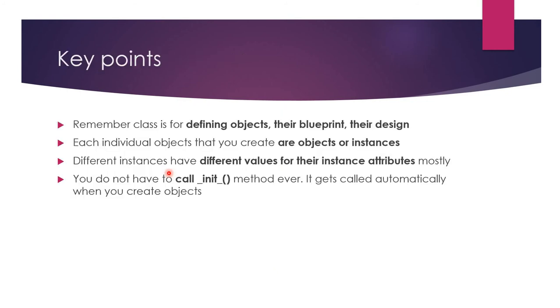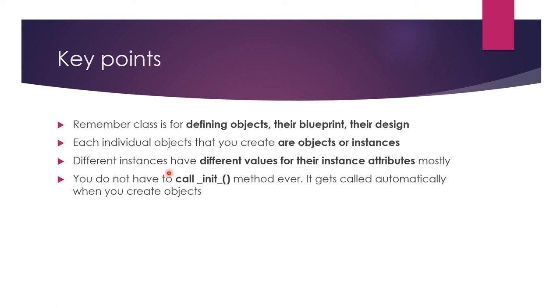The key points to remember here are that a class is for defining objects and their properties, just like we saw. The attributes are basically make, model, fuel, and it can be anything. That is their blueprint, their design. However, each individual object that you create is called an instance, or object, interchangeably. Different instances have different values for their instance attributes mostly, and we saw that using the init constructor.